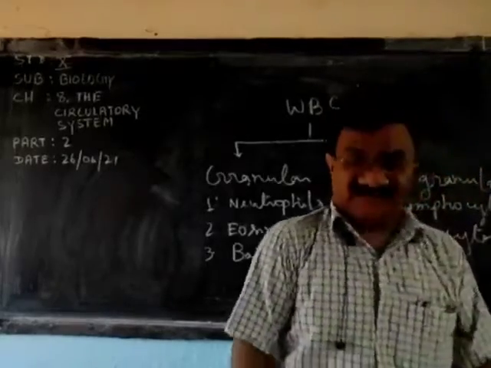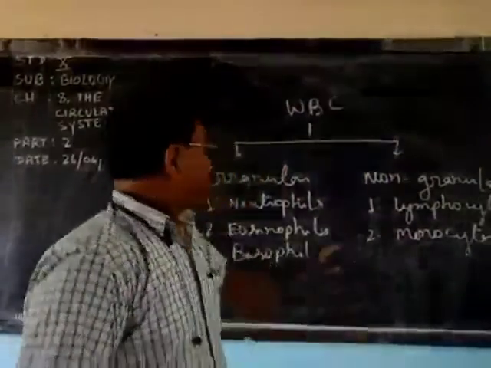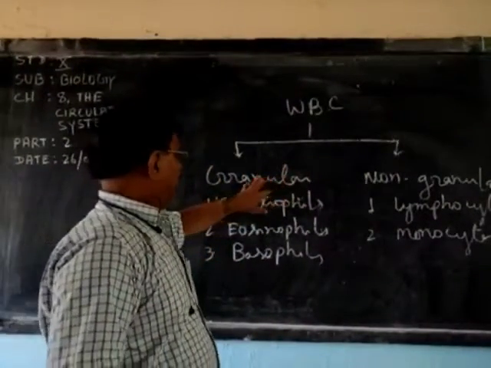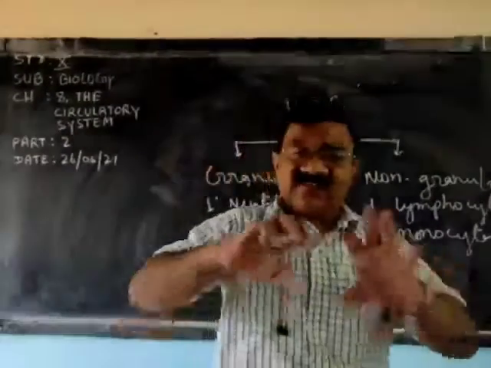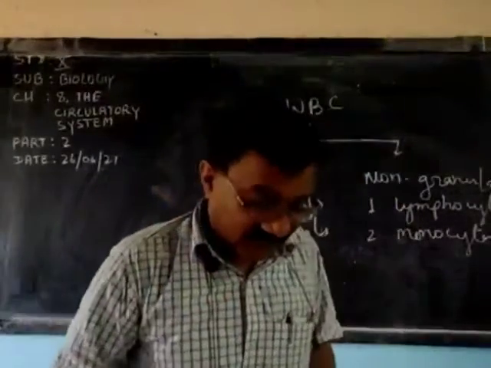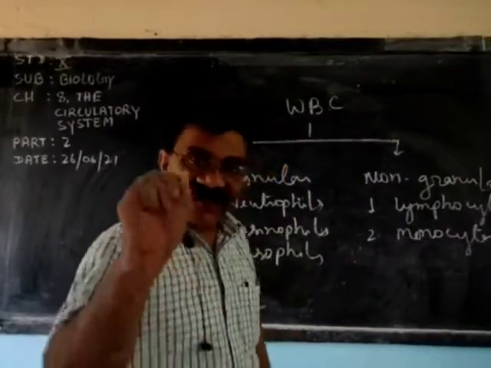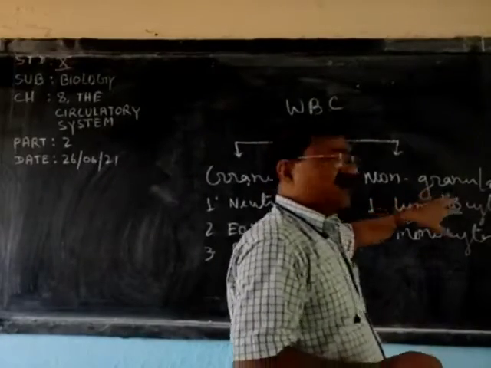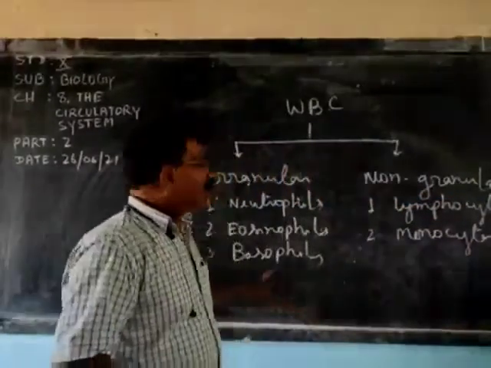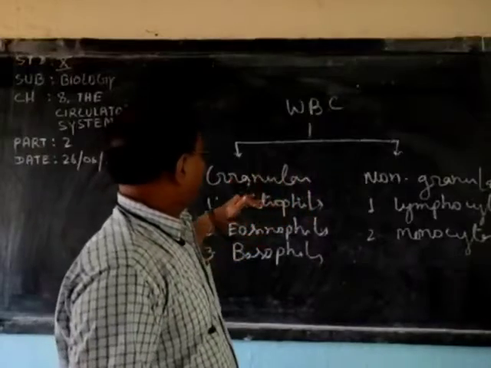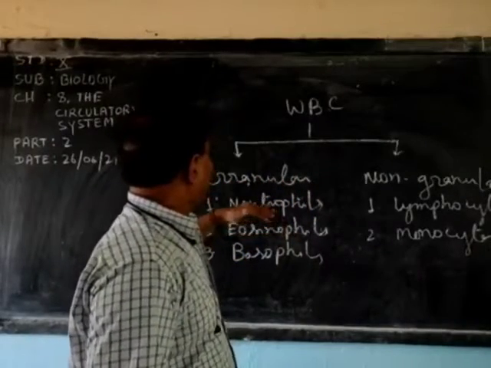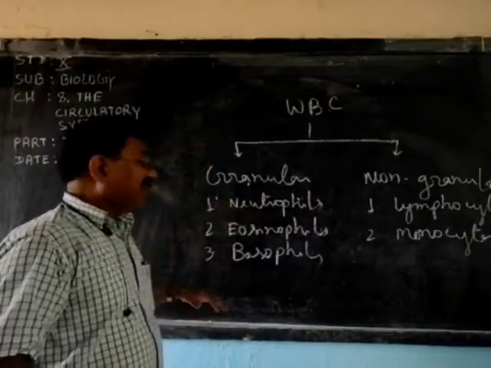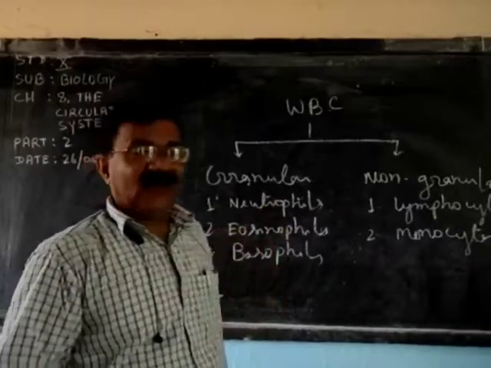Try to understand this. This WBC is of two types: granular. Granular means what? Their cytoplasm has got granules. And here the cytoplasm granules are not present. So two types of WBCs are there, granular and non-granular. In granular, 3 types and 2 types in non-granular.